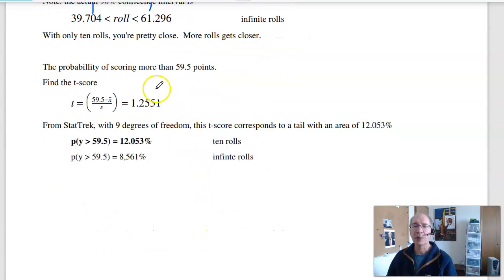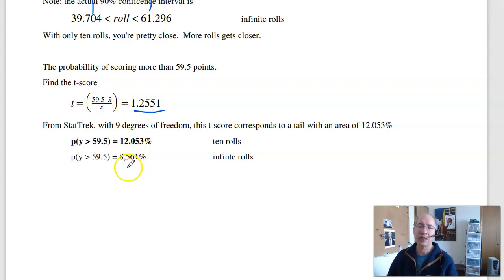If I want to find the probability more than 59.5, I find out what the t-score is. It's 1.25 standard deviations away. Go to a t-table: a t-score of 1.25 with 9 degrees of freedom has a tail of 12%. Should be 8.5. Again, a little bit off because I only have 10 data points.